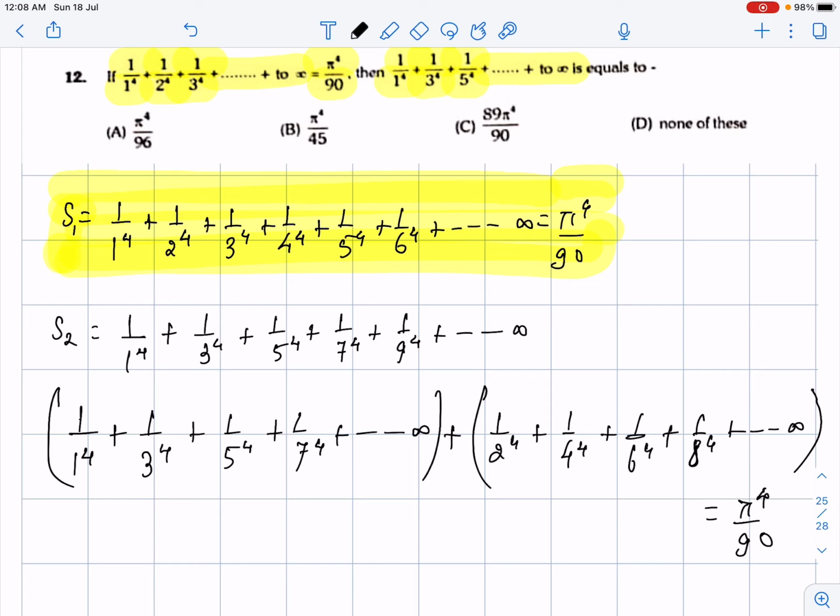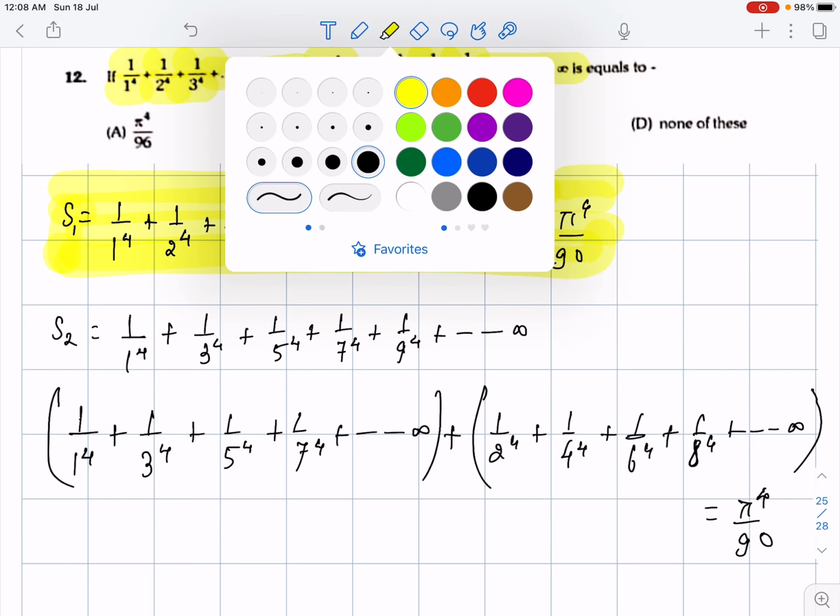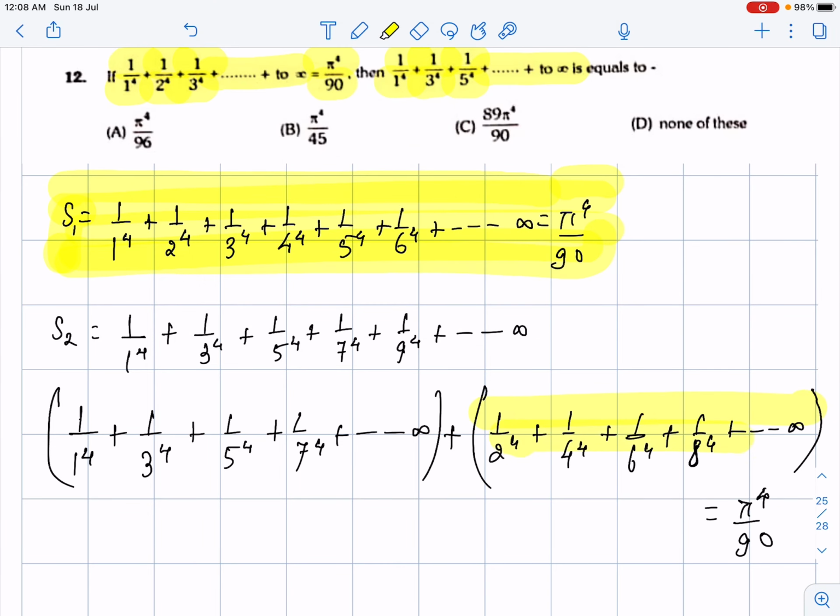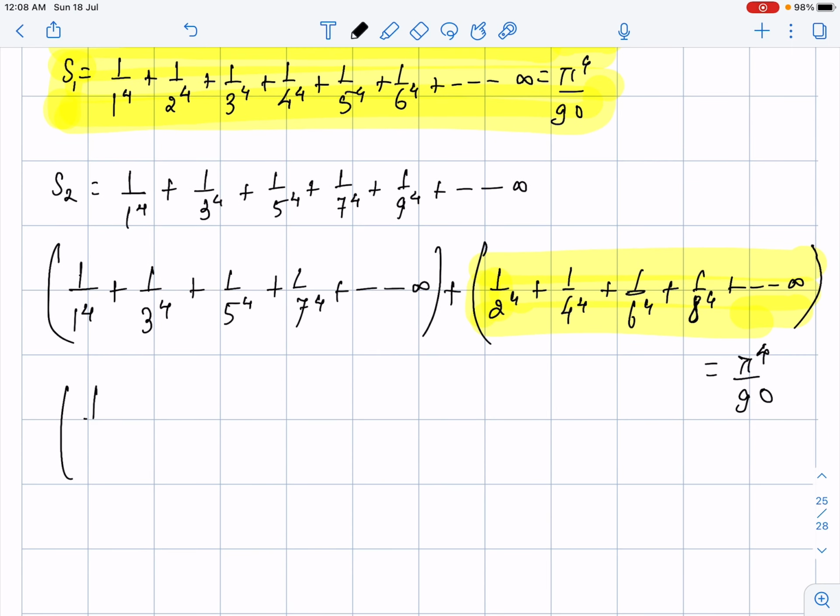Now guys, what should I do? We'll simplify this thing and see what we may achieve over here. So the first part is 1 upon 1 power 4, which is S2, we know this value, and S2 is what I want to compute.